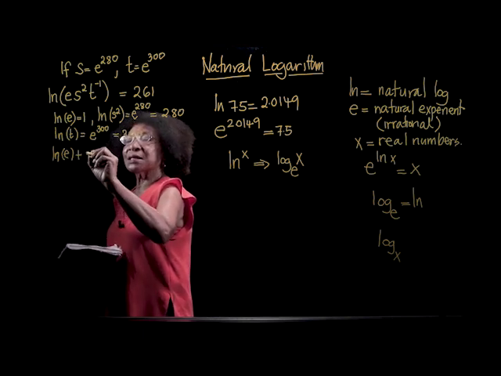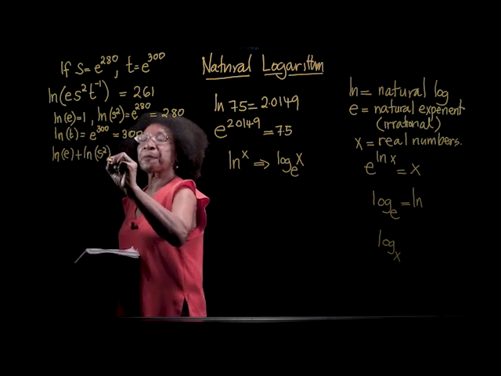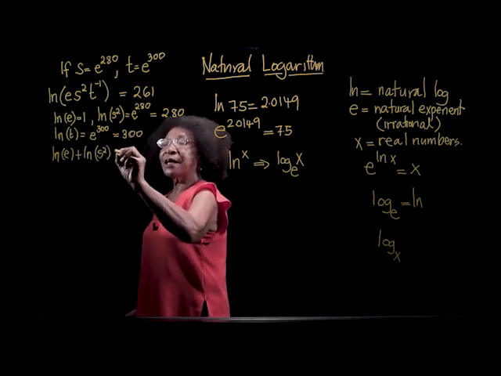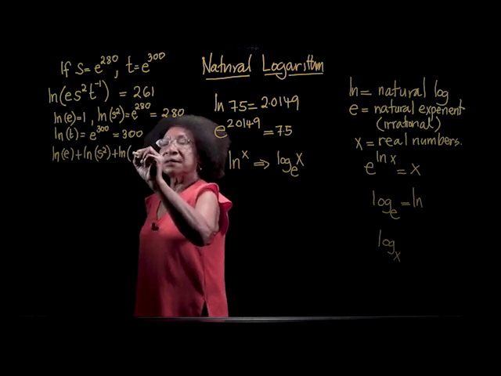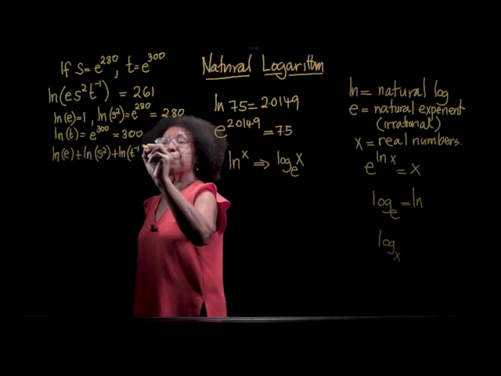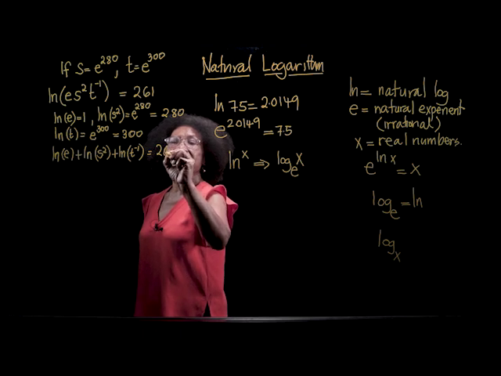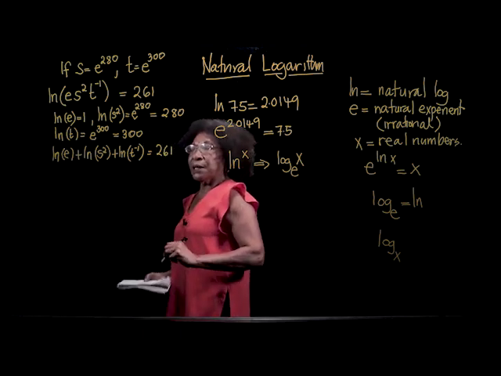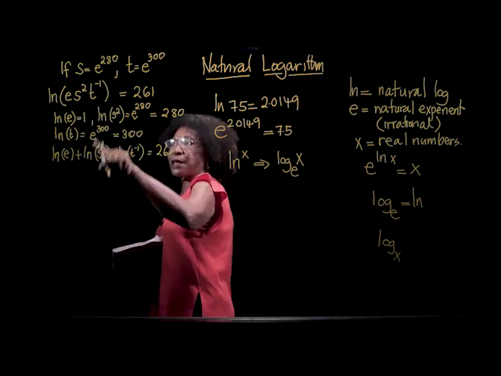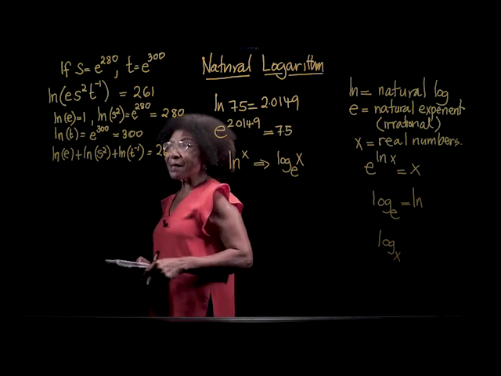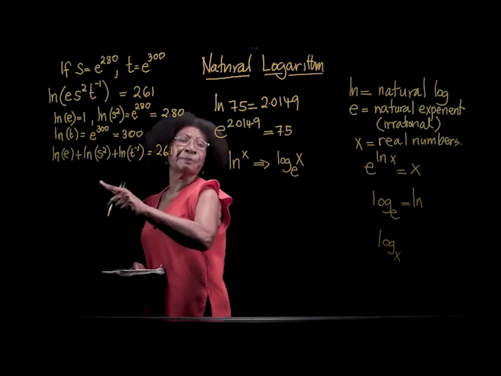So we go plus ln s squared, and add that onto ln t to the power of -1, all of that equal to 261. If that is understood, where you have the multiplication and now it's been expanded, let's substitute. ln e is equal to 1.